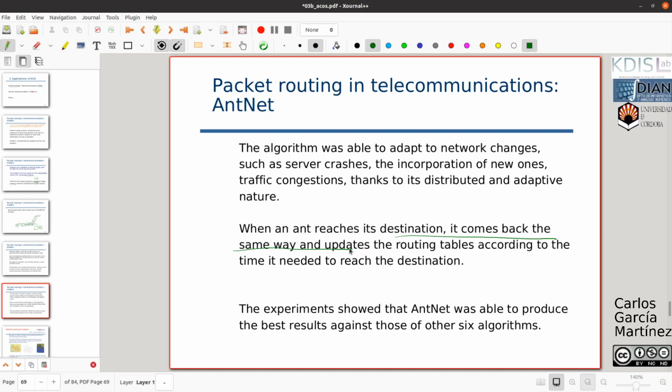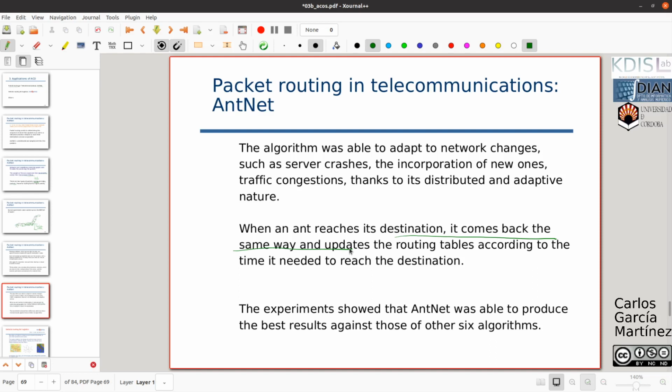If they have lost too much time, then the new values of the routing tables would be reduced. But if they have found interesting routes, interesting paths, then the routing tables will see the pheromone amounts increase.